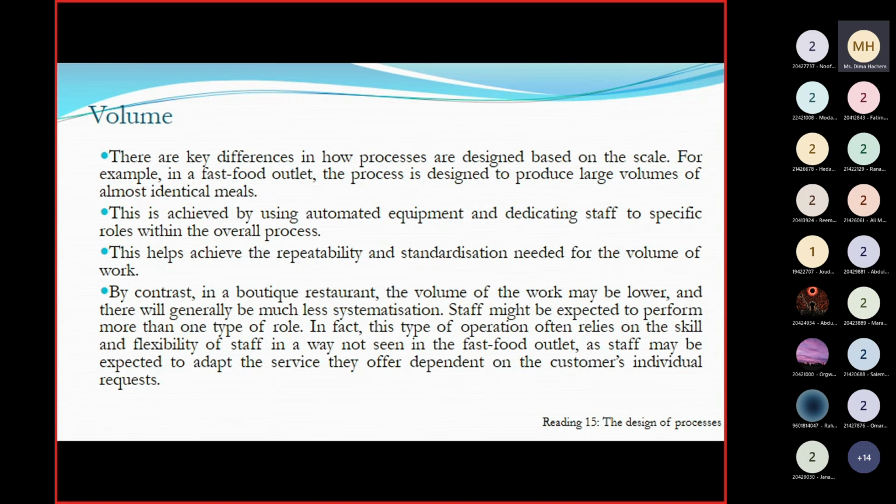Okay, so the question here: what do you think, if we have a high volume, do you have a higher cost per unit or do you have a lower cost per unit? How does volume affect cost? Can you have more?